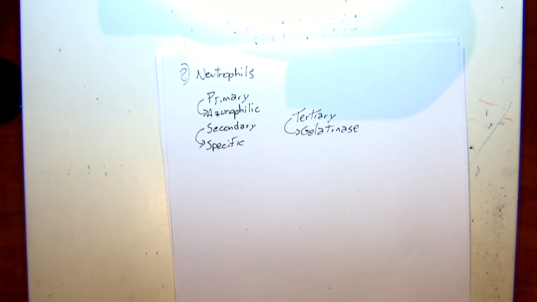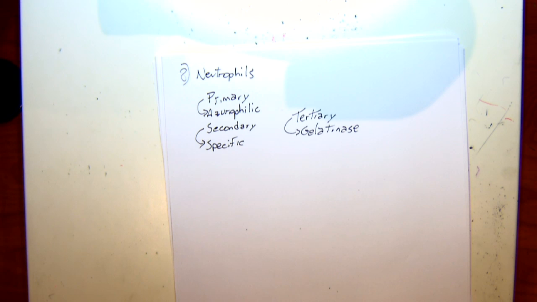All right, so then number 9, INF alpha and beta are produced by which cells? Only NK, only T cells, or all nucleated cells, A and B, none of the above? All nucleated, right? Remember?